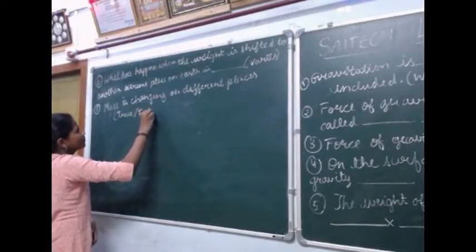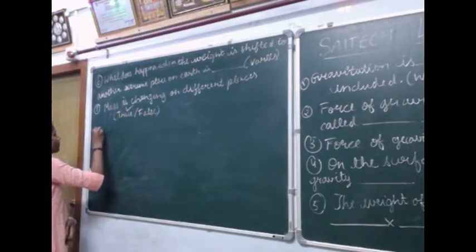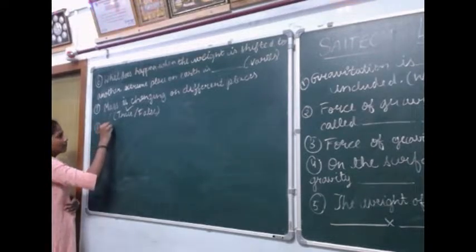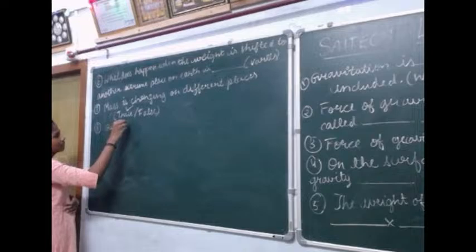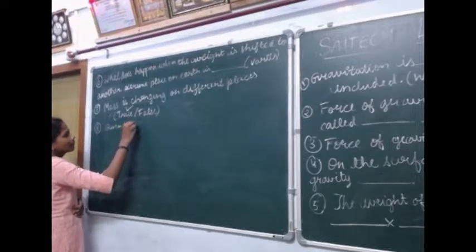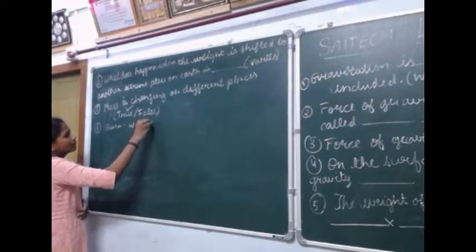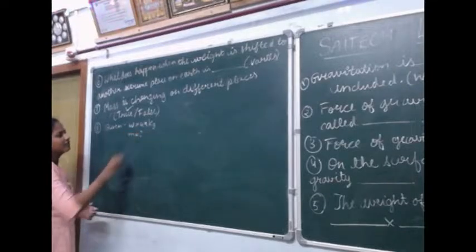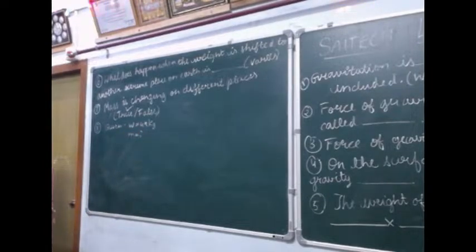Next question. Given the weight is 49 kg, find out the mass of the object. How can you find? Weight is equal to mass into acceleration due to gravity. Very good. Try.